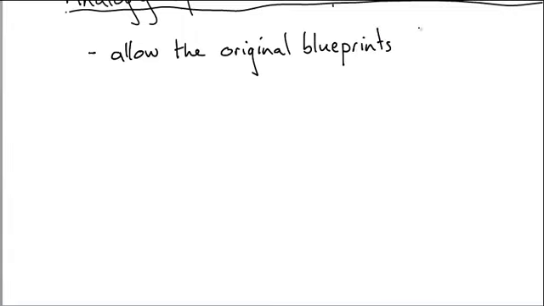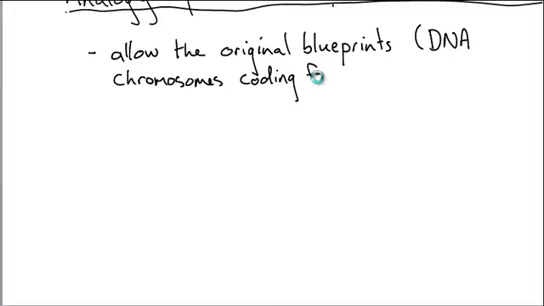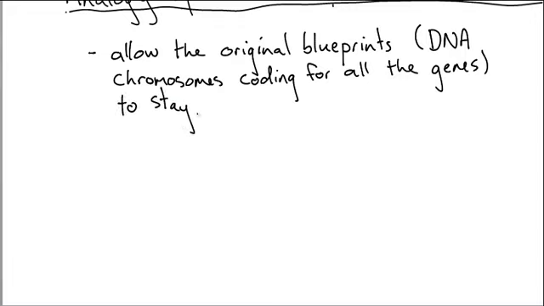So these 2 parts allow the original blueprints, which is what molecule, is correct, DNA, chromosomes, coding for all the genes, to stay in the safe place where they can't be damaged. What part of the cell is that? It's correct, the nucleus.